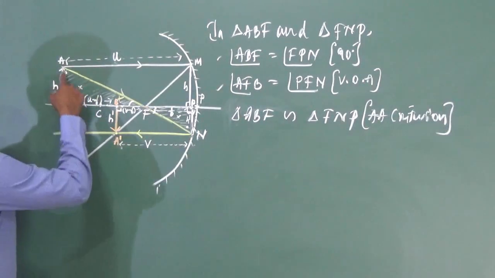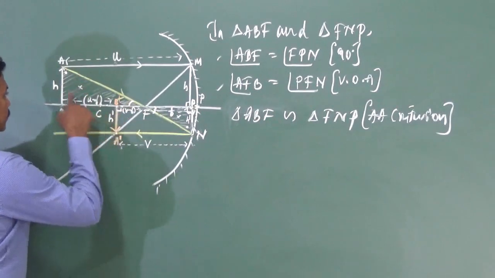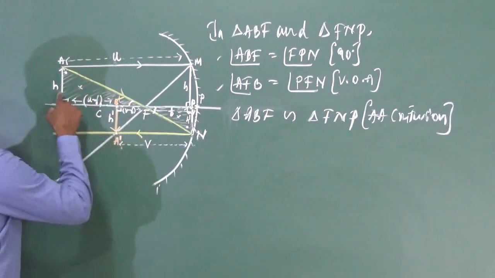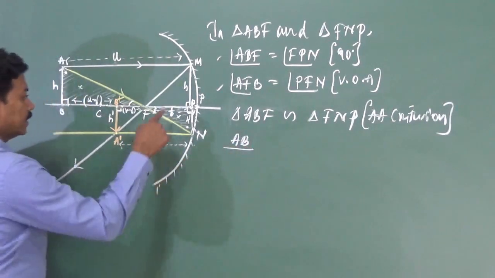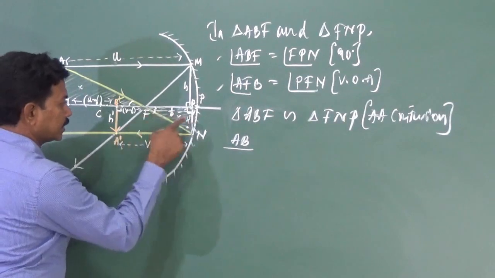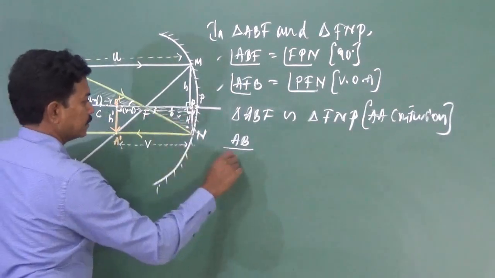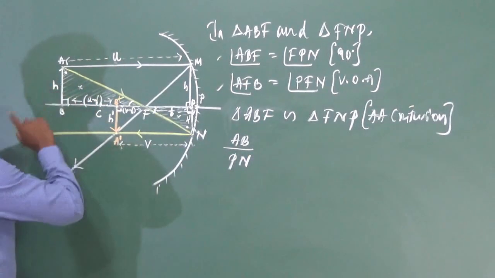Now in the bigger triangle, first we consider the vertically opposite angle. The side opposite to this angle is AB, so I will write AB by PN, because in this triangle the side opposite to the vertically opposite angle is PN. That's the ratio. Now we go with the third angle.